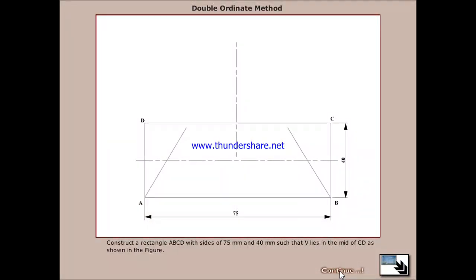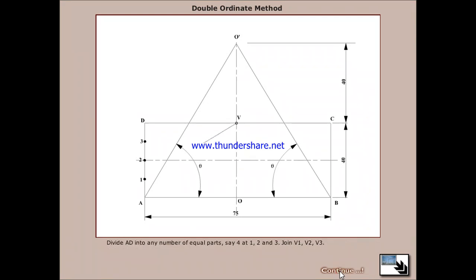Let us construct ABCD with sides of 75 mm and 40 mm such that V lies in the mid of CD as shown in the figure.